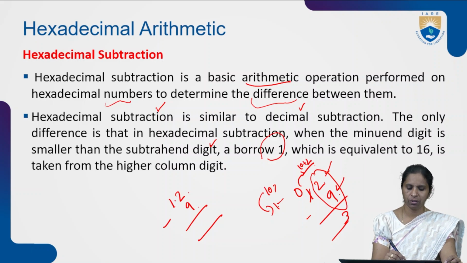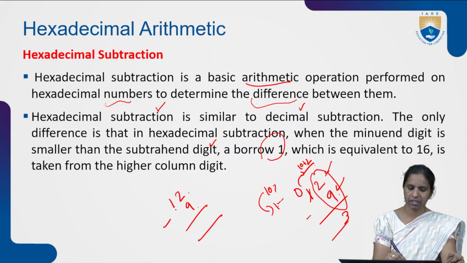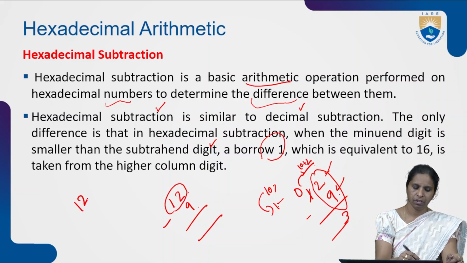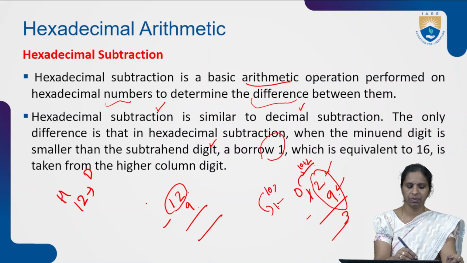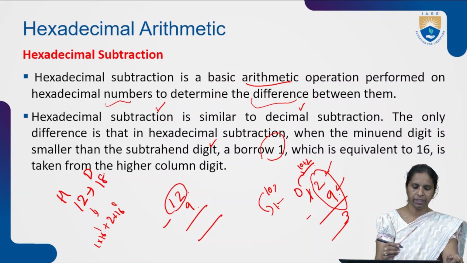So when you are getting the borrow, then what you have to do here is subtract. This is the hexadecimal number, whereas in the decimal number, 12 is nothing but 2 into the weight of 2 here, 16 power 0. So this is the expanded form: 2 into 16 power 0 plus 1 into 16 power 1. Nothing but here 18.